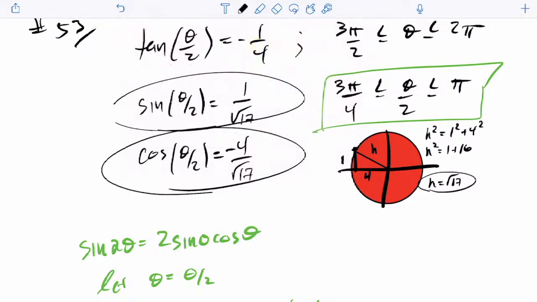So therefore, the sine of theta, which is what I want, is 2 times 1 over root 17 times negative 4 over the root of 17, which is negative 8 over 17.